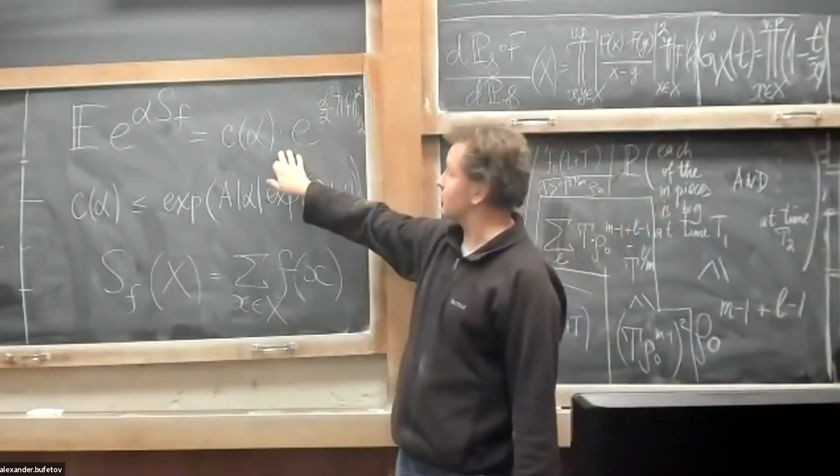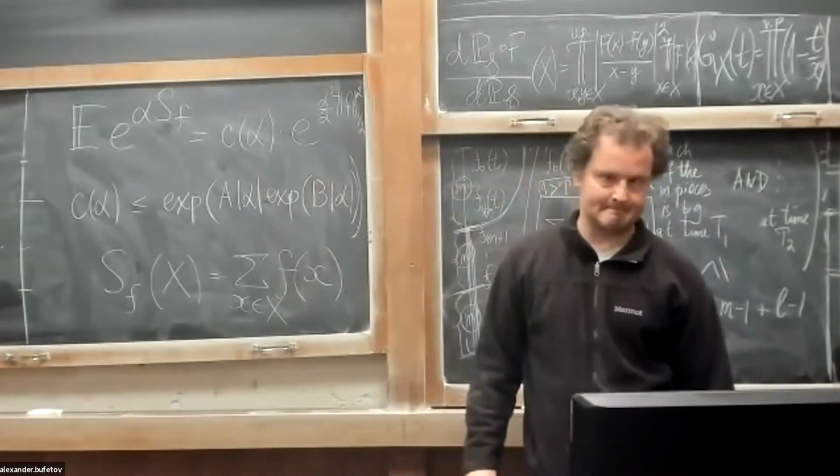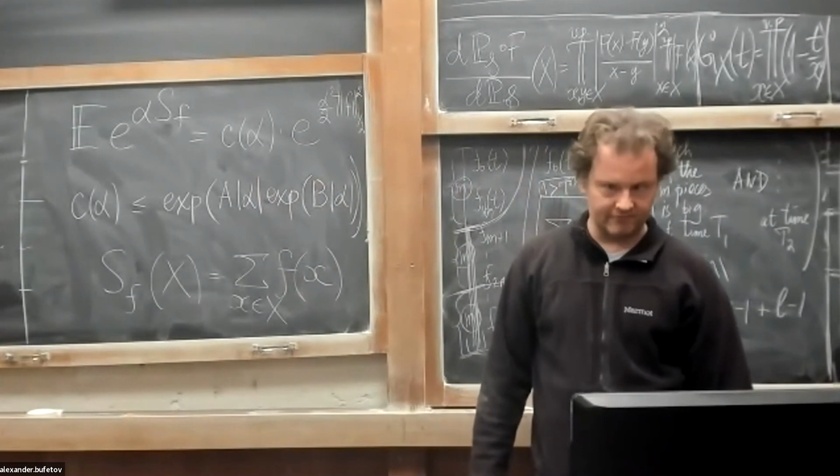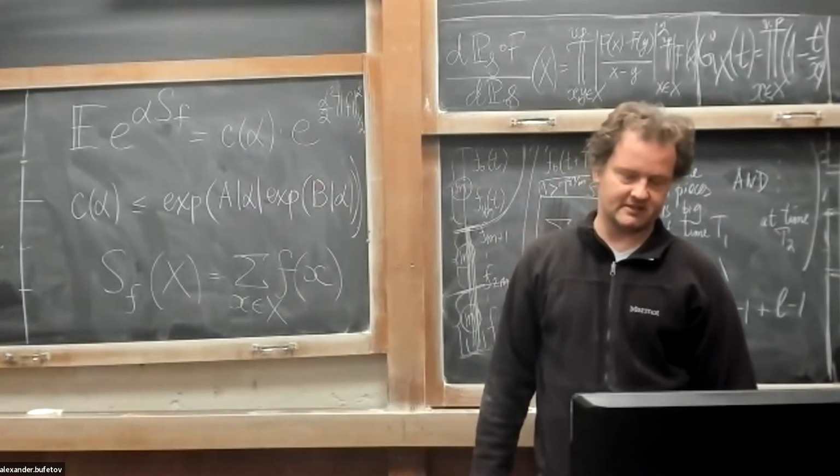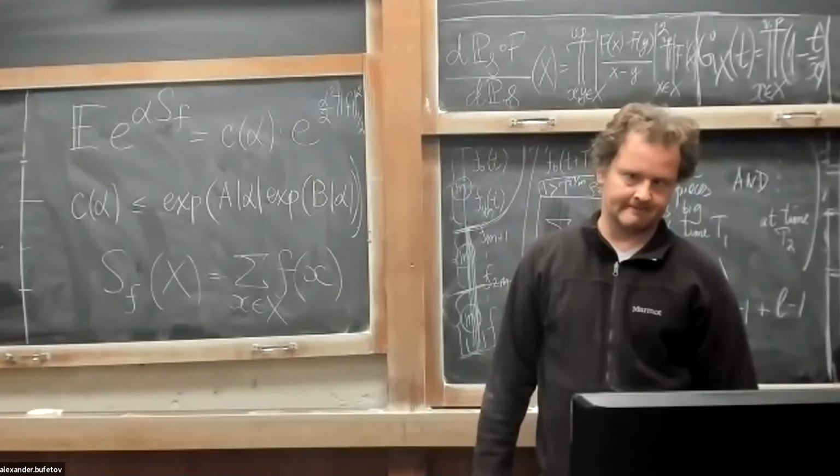Yes, I understand what you're talking about. However, let's assume that X is the Poisson field, and F also. The Poisson field does not satisfy this, if I'm not mistaken. Yes, obviously not this equality.